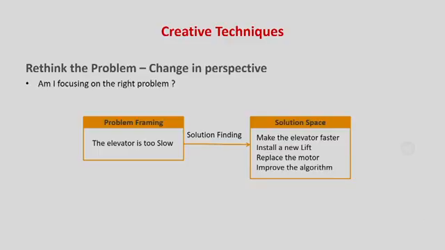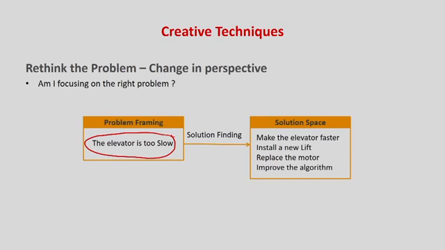Let us look at a classical example of lifts. Now, if you see here, the problem that is being provided to you is that the elevator is too slow, right? The brief is, the elevator is too slow, and you were supposed to think about a concept to address this issue. The moment you hear this statement, it is a leading statement anyway, and you start thinking about concepts.